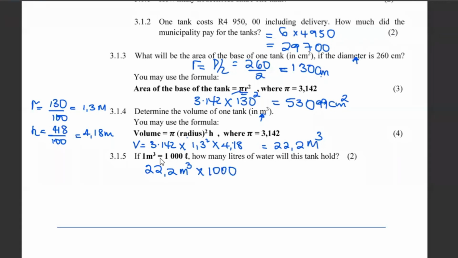We need to multiply by 1,000. The answer will become 2,220. These are liters.